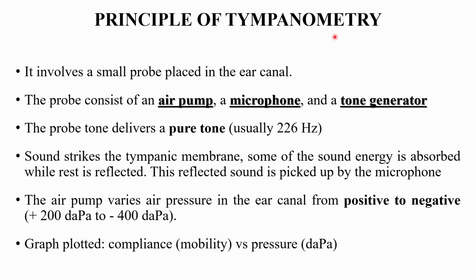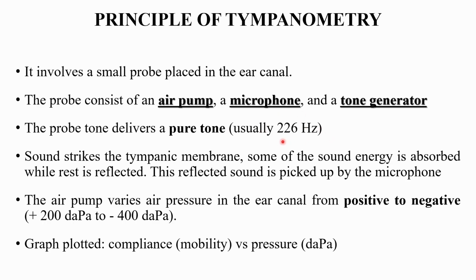So the principle of tympanometry involves a small probe. That probe is placed inside the external auditory canal. Inside the probe there is an air pump, a microphone, and a tone generator or loudspeaker, as mentioned in the previous slide. This probe tone delivers a pure tone, a single frequency tone of around 226 Hz.